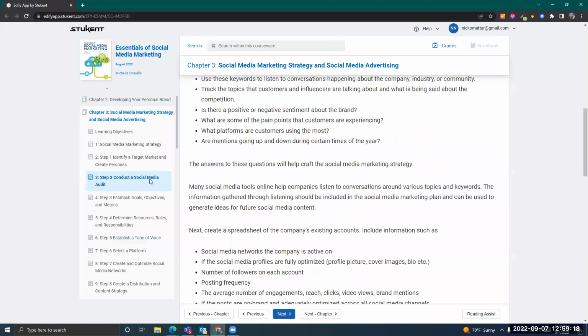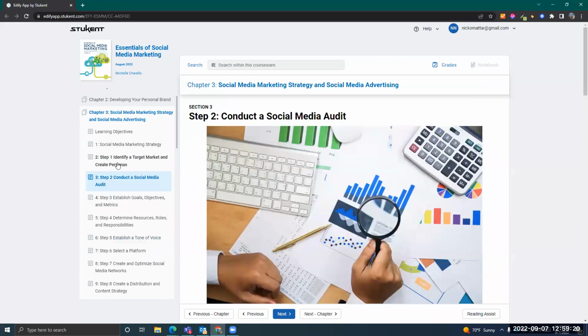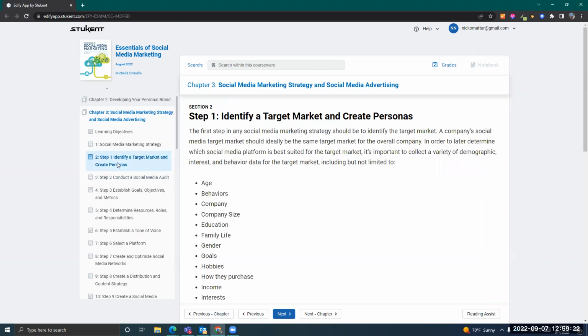So that's my piece about the social media audit. But let's go through the steps that we are going to look at. One, you need to identify a target market and create some personas. There's an overlap here with the marketing principles chapter of the content marketing book.